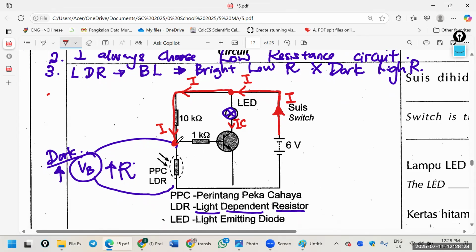So go right because LDR is too high, so it will go to the low resistance one. So now when there's IB flows, yes, IC flows, and they combine to become IE and complete the circuit, flowing back to negative. Get the idea? This is how we turn on.